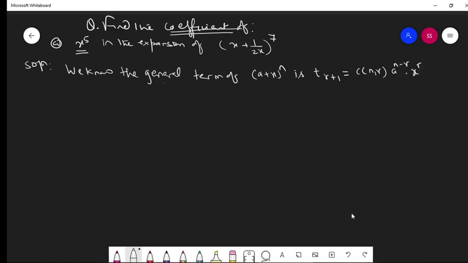This is the general term of (a + x)^n, which is represented by T(r+1) in this form.